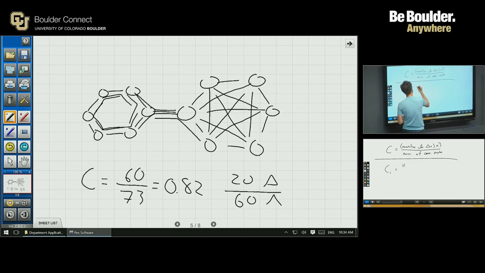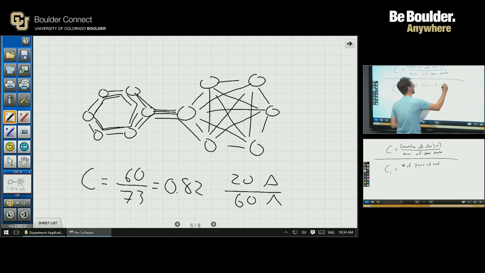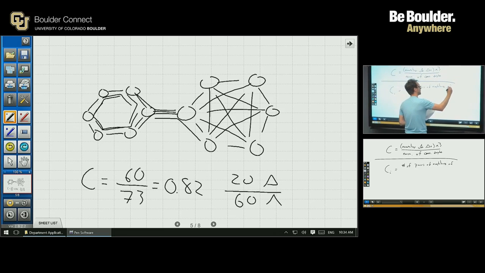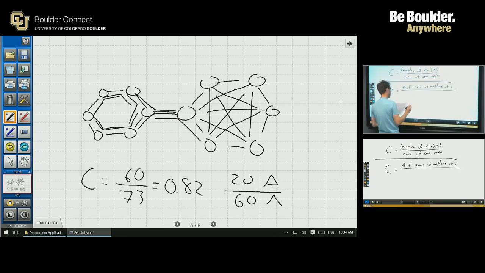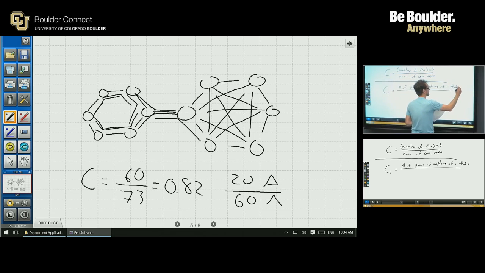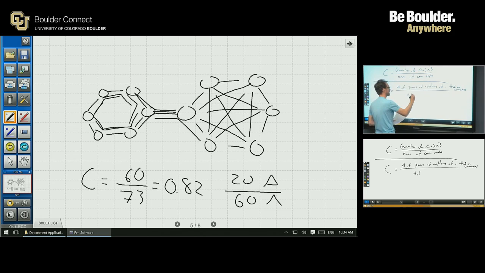So it's the number of pairs of neighbors of i that are connected, divided by the number of pairs of neighbors of i.